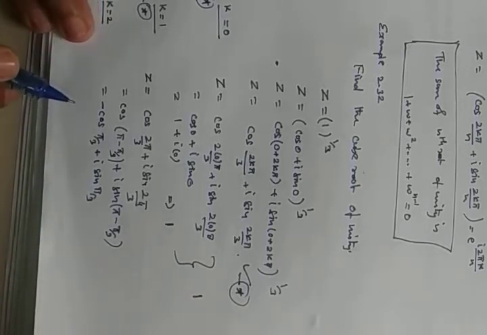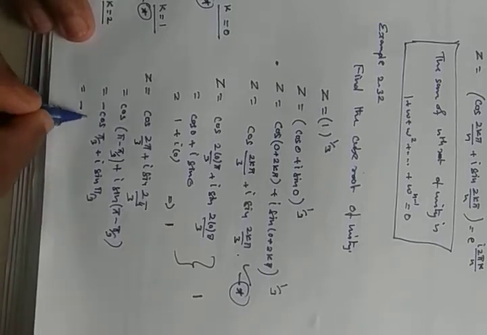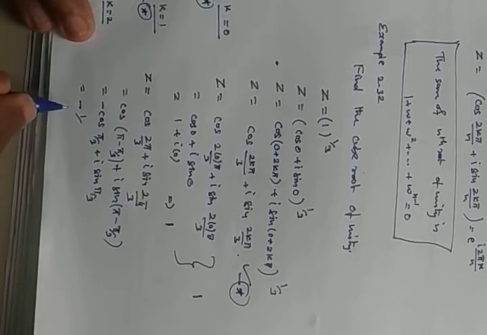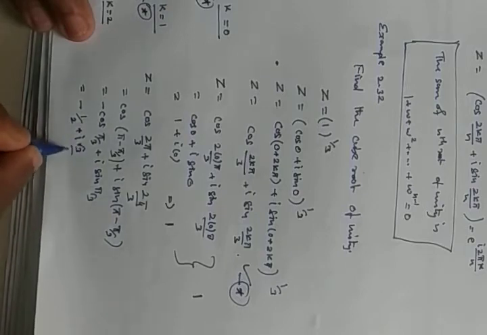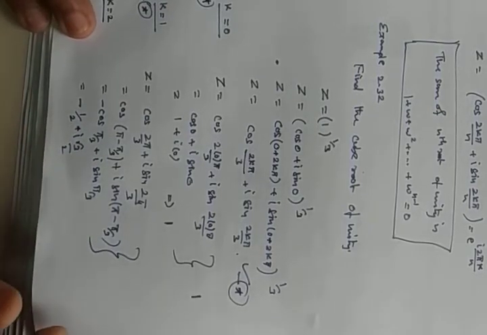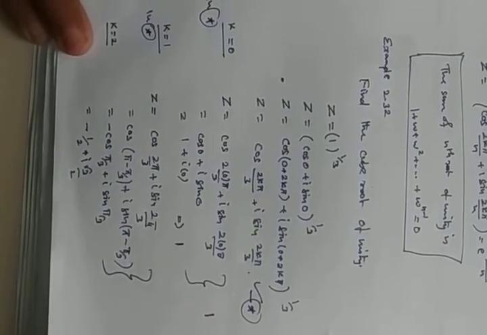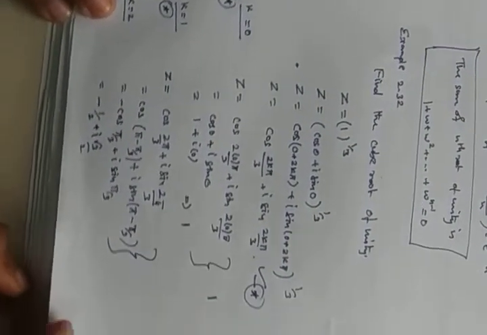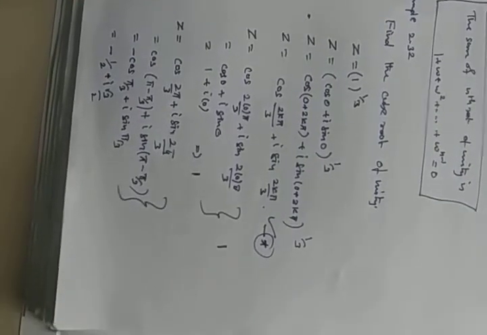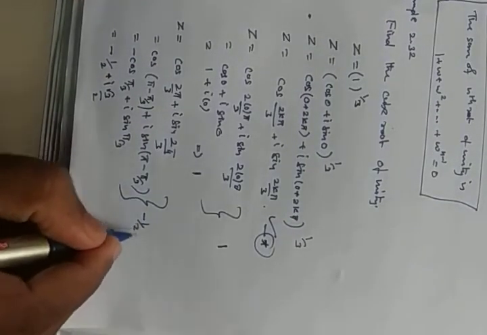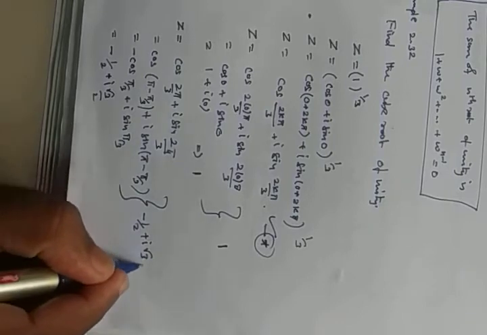The value of cos 60 degrees is half, so this gives minus 1 by 2, plus i times sin 60, which is root 3 by 2. So if you put k equals 1, the root value is −1/2 + i√3/2.